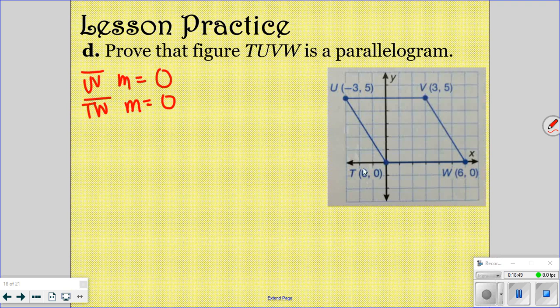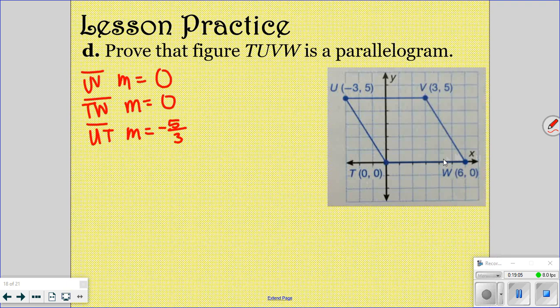For UT, the slope would be 1, 2, 3, 4, 5, 1, 2, 3, so negative 5 over 3.